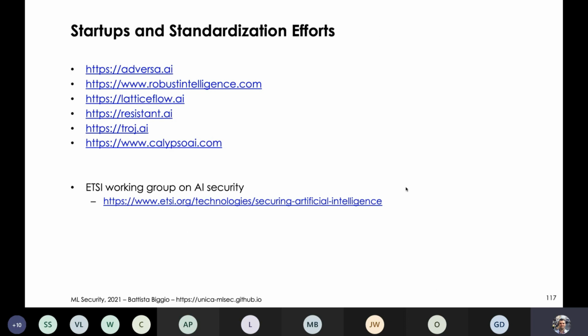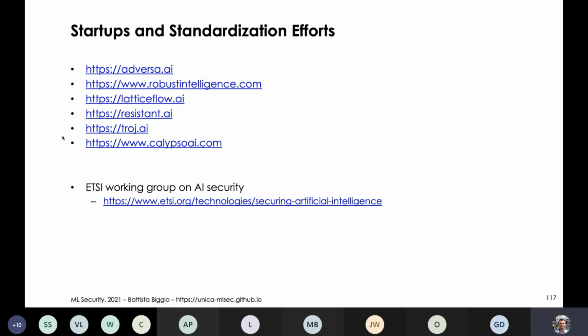Another piece of evidence that the problem is relevant from a practical and industrial perspective is that you now have an increasing number of startups, most of them founded by venture capitalists. The ones that you see here are the ones that I'm aware of.